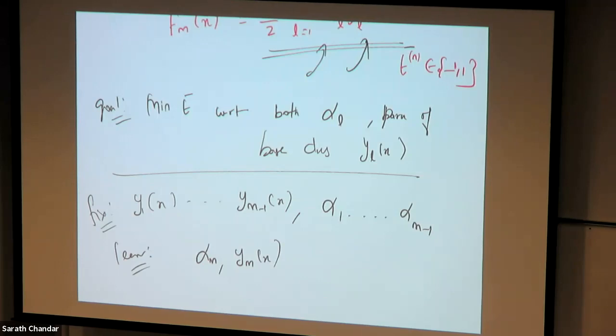Is that clear? Now you do this sequentially. Initially nothing is learned, so you will just learn alpha_1 and y_1 of x. Then fixing alpha_1 and y_1 of x, you're going to learn alpha_2 and y_2 of x. Then fixing alpha_1, alpha_2, y_1, y_2, you're going to learn alpha_3 and y_3 of x. And you continue.